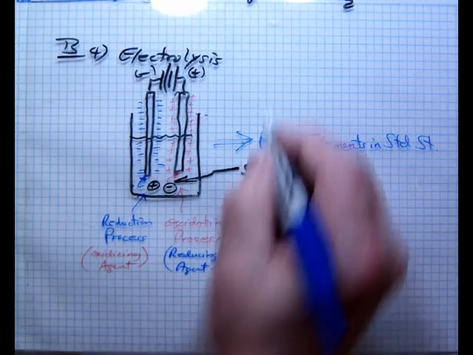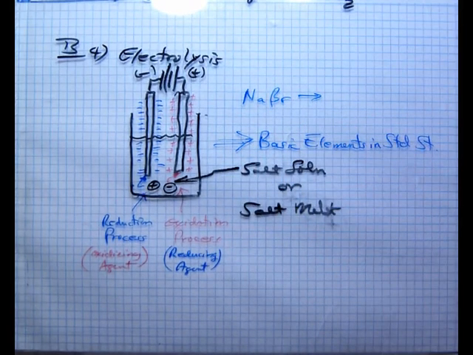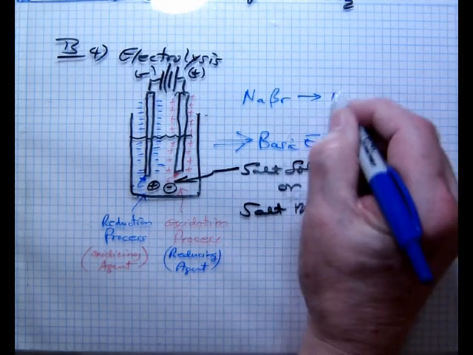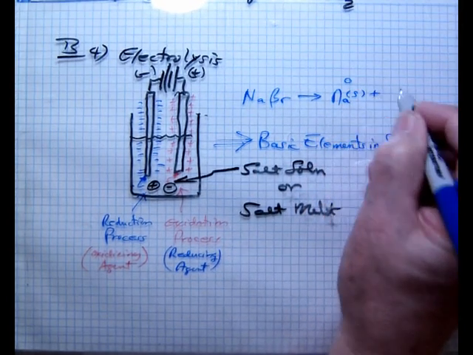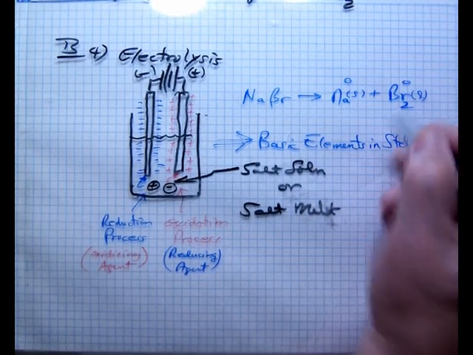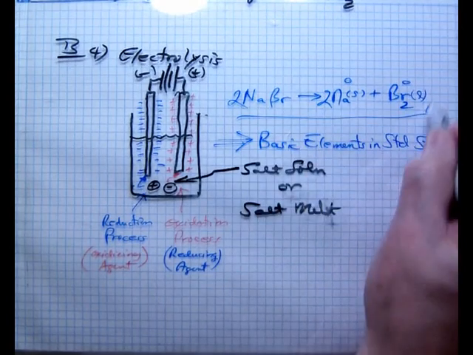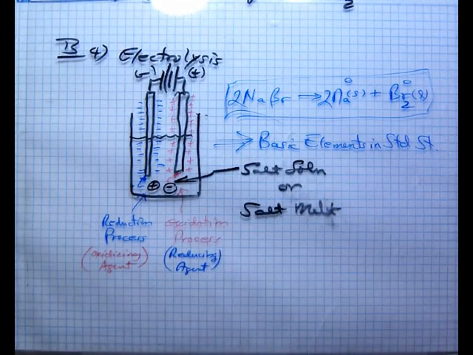If you're working with, say, sodium bromide, when the process is complete, you have sodium in its basic standard state, and bromide converts to bromine in its basic standard state. Well, if that's a decomposition, that's one terminology you need to understand. The second thing is, well, what's the process that's going on?